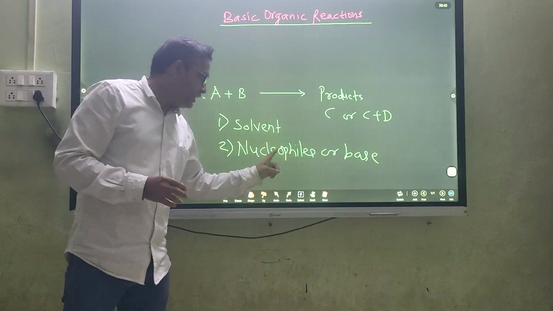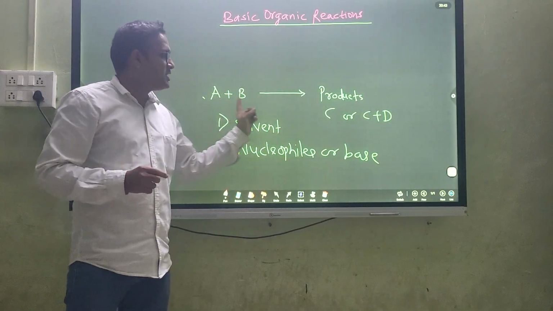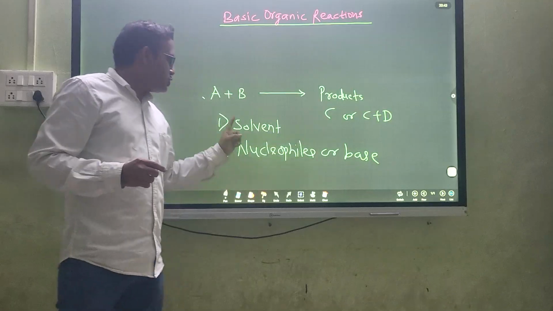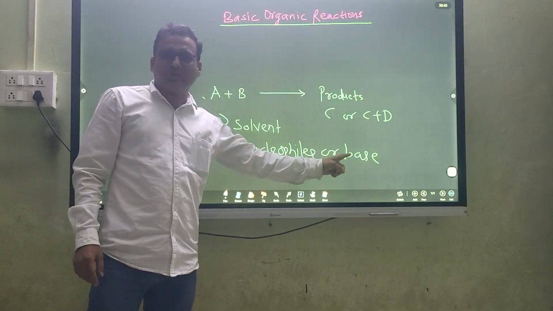This is a very important part of reactions. When a reaction is carried out, the solvent is a very important part, and the nucleophile or base is also an important part.